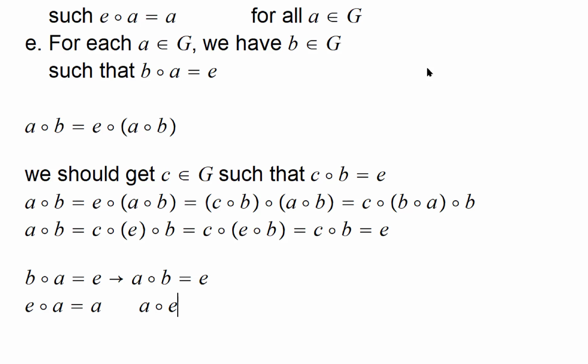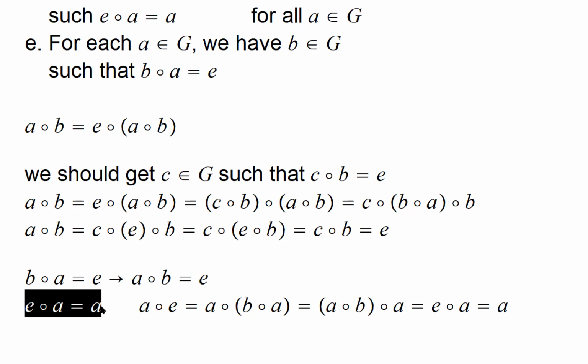So if we look at this, we have A∘A times, and E is B times A. What we just showed was that A times B is E, so this is E times A. So A∘E is E times A, which equals A. So if we have left identity and left inverse, the right inverse and right identity will follow.